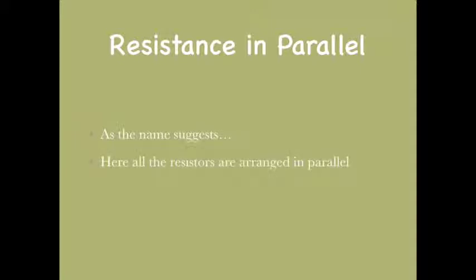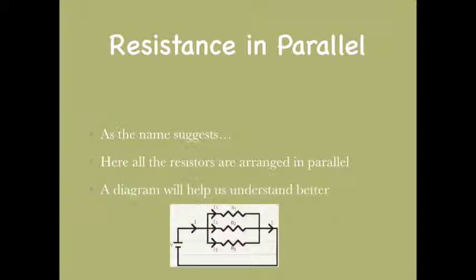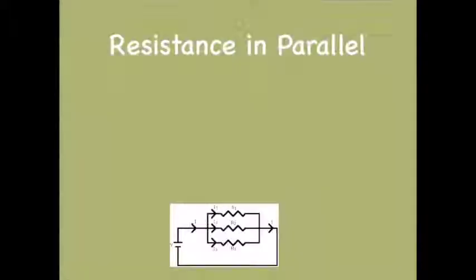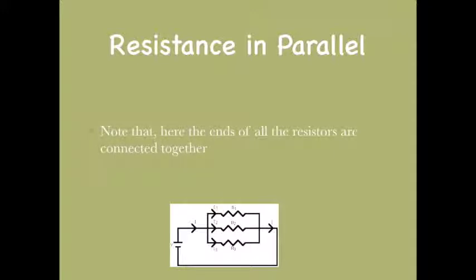Now coming to the resistance in parallel. So as the name suggests, here all the resistors are arranged parallelly. A diagram will actually help us understand better. So if you observe a bit clearly, here all the ends of the resistors are connected together, and these ends are in fact connected to the battery's ends.